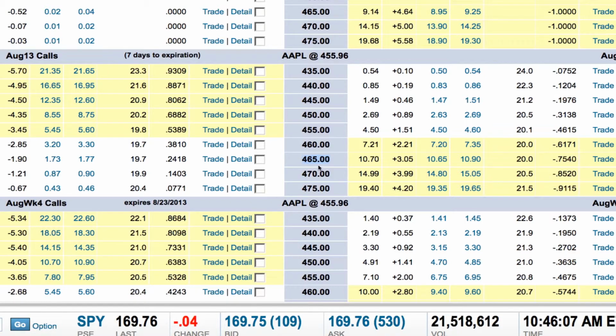Why would I want to buy it at $10 a share more? So you can see here, there's no intrinsic value. This is not the difference between where it's currently trading and the 465 strike price. This is entirely extrinsic factors. There is no exercise value to that option.